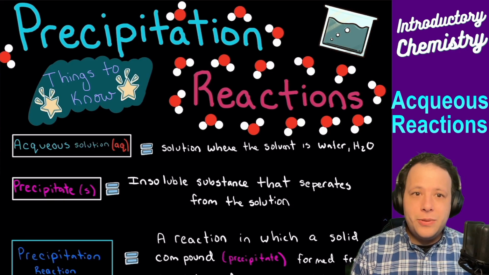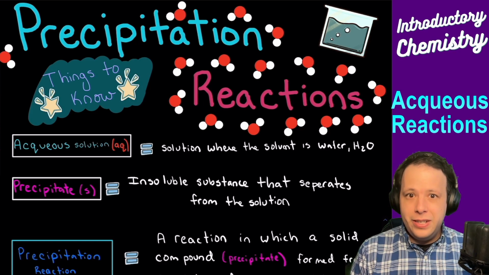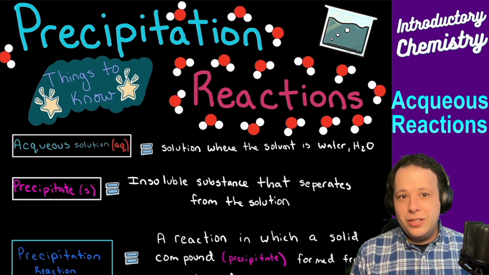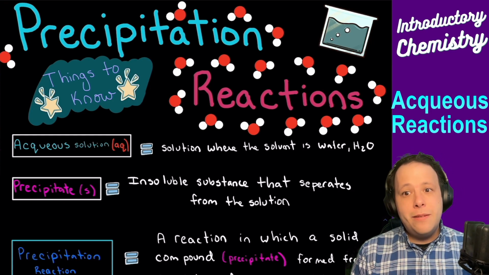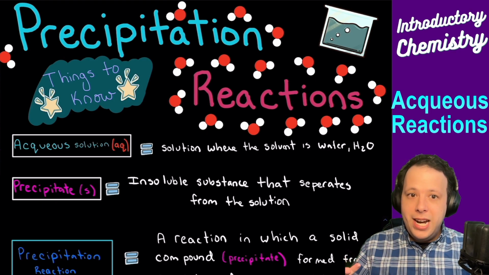The first thing is we have to be aware of how different solutes behave in the solvent of water. Meaning that if we're looking at different aqueous solutions where the solvent is water, what exactly happens when they are mixed in? Is it something that is soluble, meaning that it breaks into its ions, therefore leaving it open for reaction?